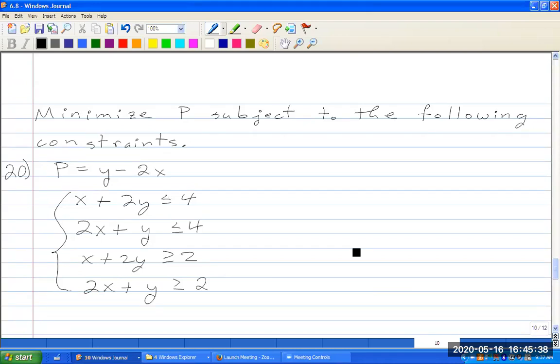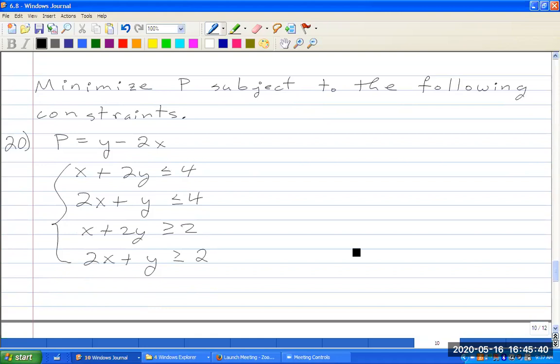In later courses, you'll find there's a technique which will be very similar to the technique that we use for Gaussian elimination, this sort of pivoting idea. It's called the simplex method, where you can very efficiently determine the optimal value, and you will not need to graph this sort of picture.